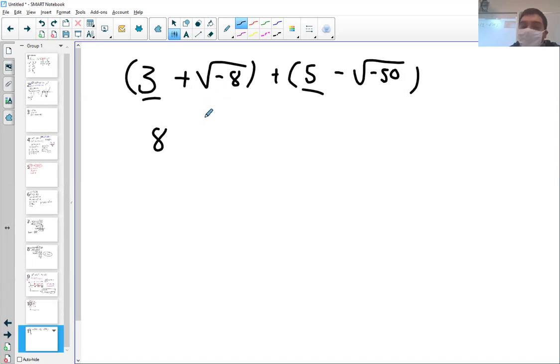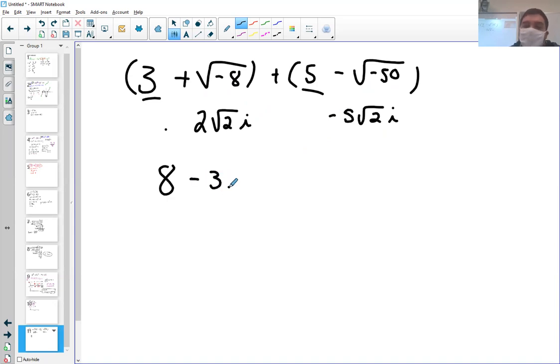So this is going to read 2 root 2i. And what about 50? What did that break down to? So 5 root 2i. Now I can combine that. Your final answer is 8 minus 5, so 8 minus 3 square root 2i.